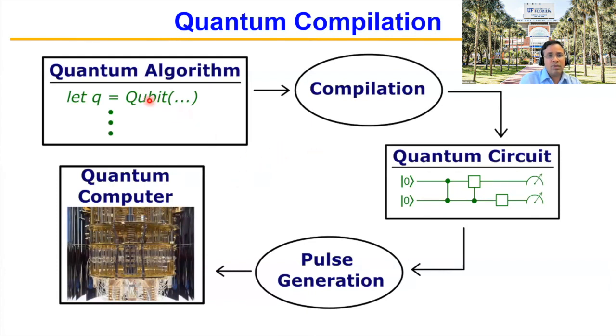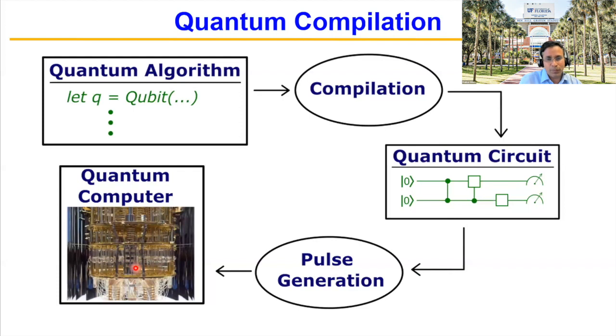When you're talking about quantum compilation, you have a quantum algorithm written in a certain language. There are many specification languages. You compile it to a quantum circuit, and then you do pulse generation and run on the quantum computer. This is the same or similar to classical. In classical, you start with a C, Java, or Python program. You compile it to some form of representation, which could be assembly, and then you generate binary.